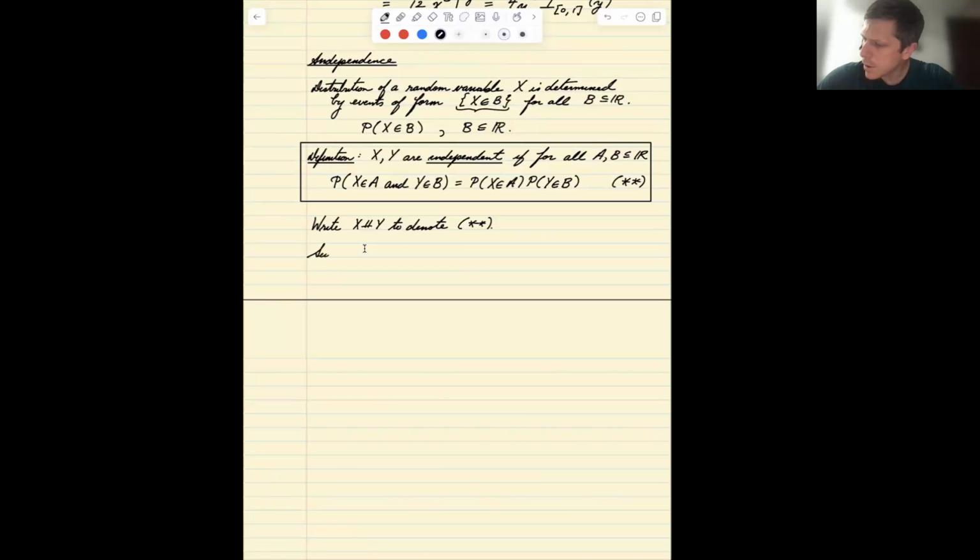And now let's suppose we have independent random variables with respective densities f_X, f_Y. Then, bring this down here.